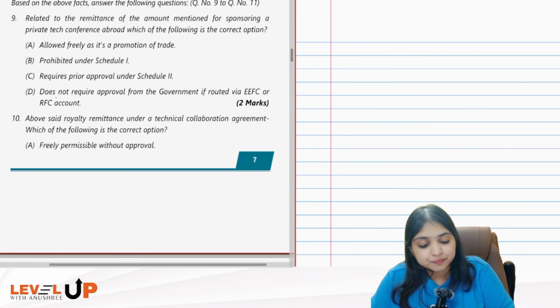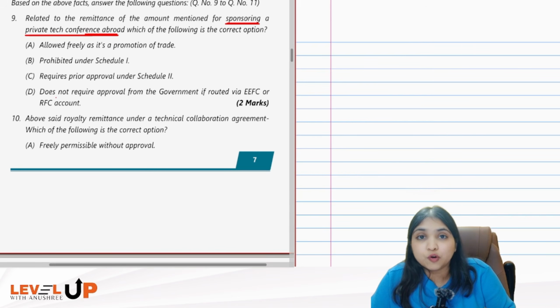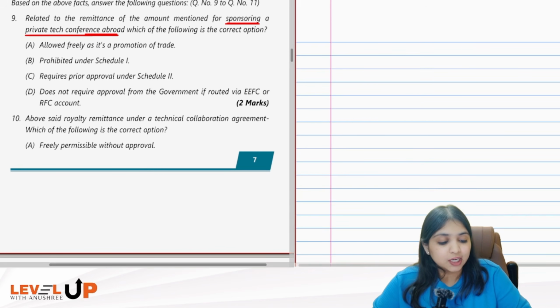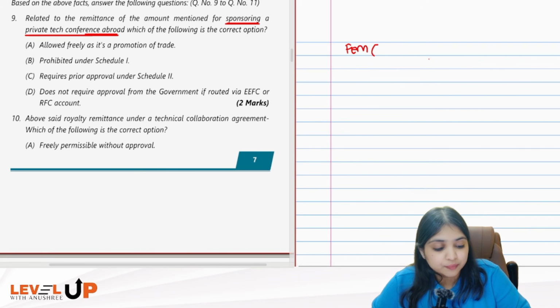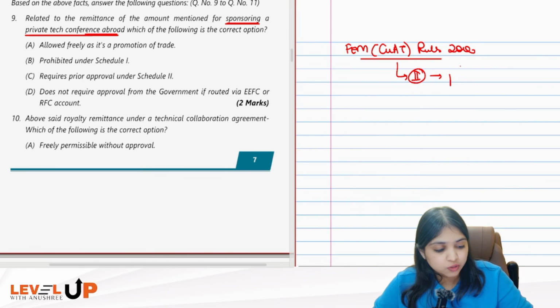The first one, related to the remittance of the amount mentioned for sponsoring a private tech conference abroad, which of the following is the correct option? See, in your Foreign Exchange Management (Current Account Transactions) Rules, 2000, you have Schedule 2 which talks about those current account transactions which are permitted but require central government approval.